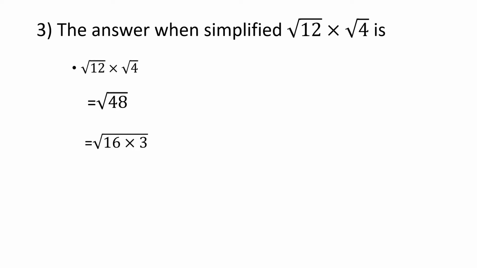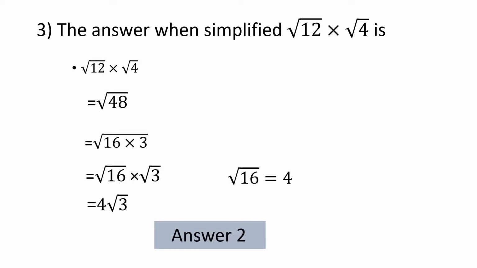We can separate it into two parts and write it as square root of 16 multiplied by square root of 3. You know the square root of 16 is 4. Therefore, we can write the answer as 4 root 3. From the given answers, the answer is answer 2, 4 root 3.